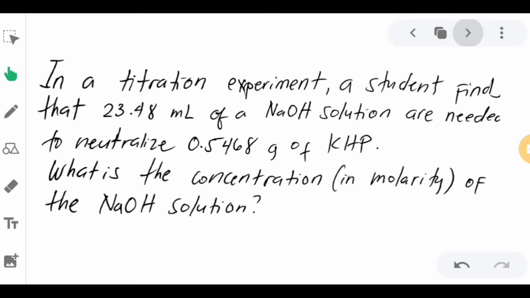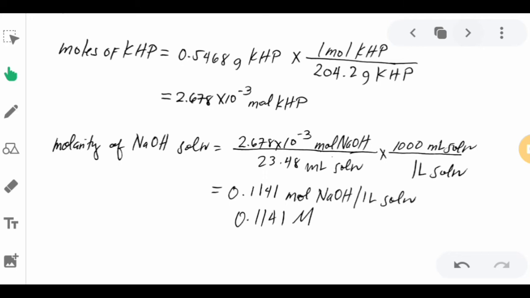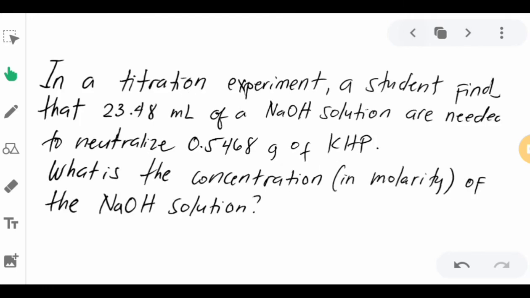The volume of NaOH solution is given in the problem here, which is 23.48 milliliters. Therefore, we need to find the number of moles of NaOH to solve for molarity. So, we have to know first how many moles of KHP are contained in 0.5468 grams of KHP.